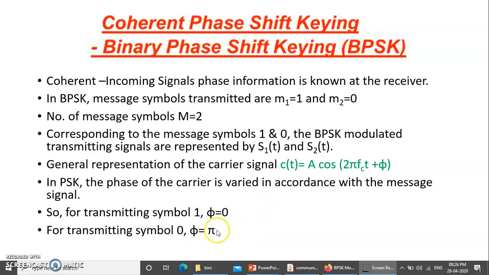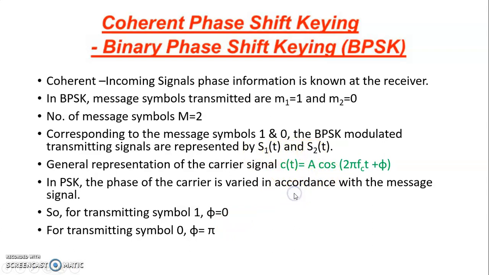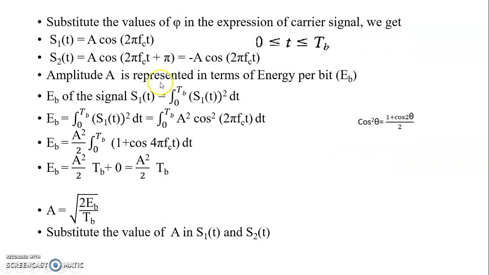Next, we are going to substitute the values of phi in the expression of the carrier signal. Then we will get the symbols S1 of t and S2 of t. So S1 of t is equal to A cos(2 pi Fc t), and S2 of t is equal to A cos(2 pi Fc t plus pi).